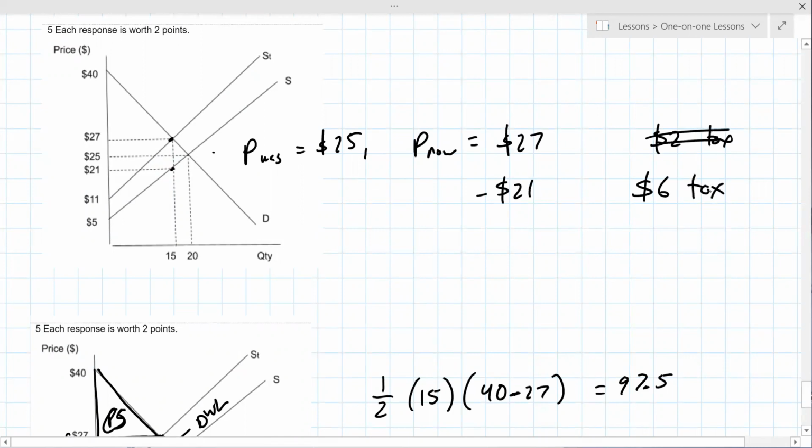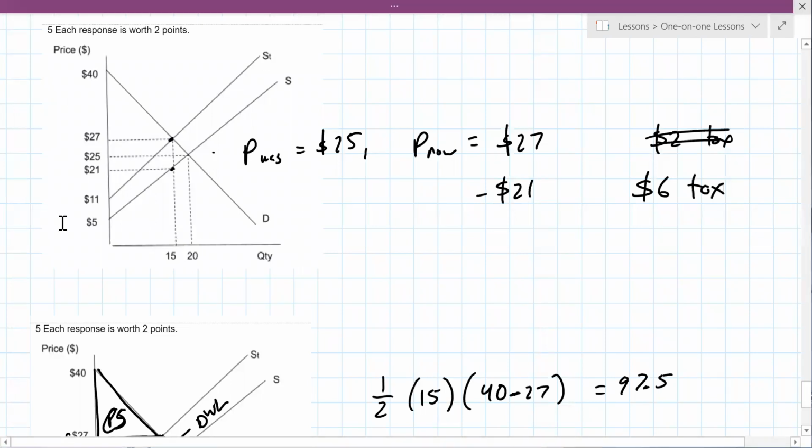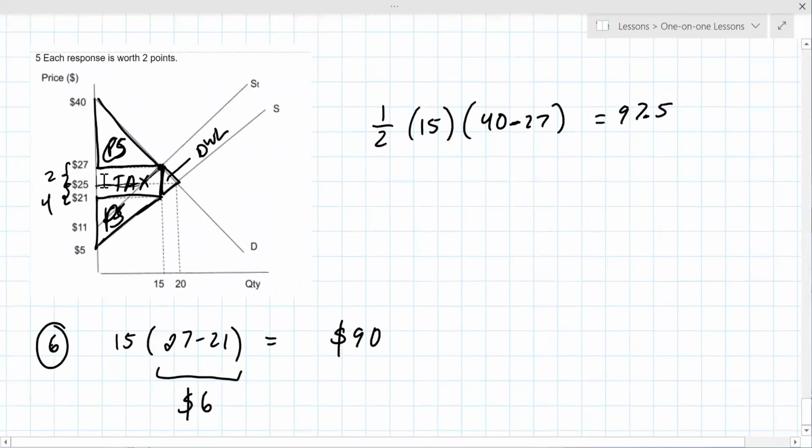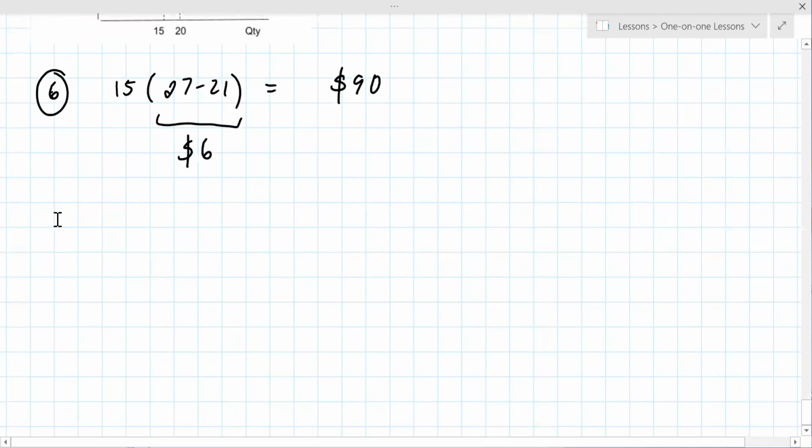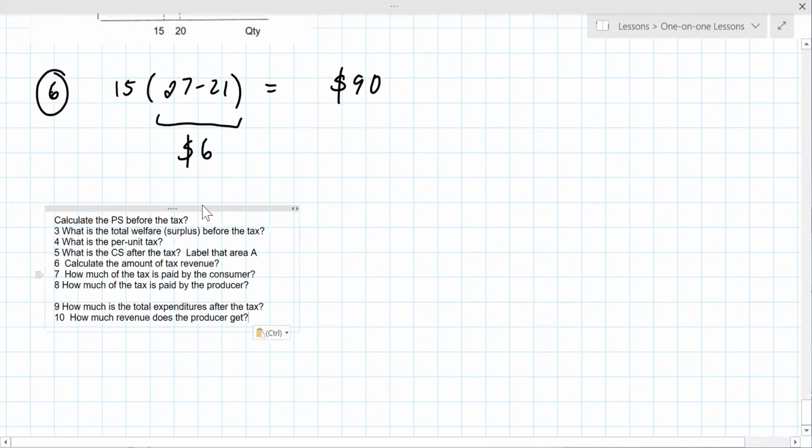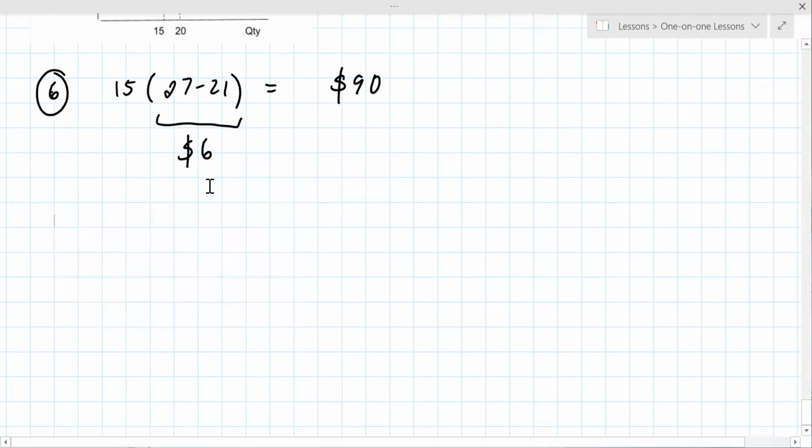All right, now we go down to how much of the tax is paid by the consumer. The consumer is the 25 to 21 rectangle, right? The consumer is the top one, the 27 to 25. Okay, consumers on top, I miswrote that at some point. So $2 times 15 is $30, that should be right.